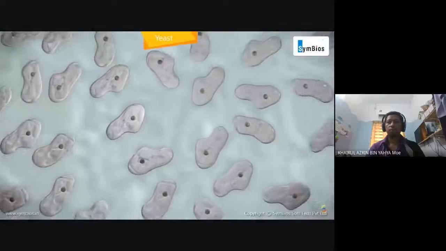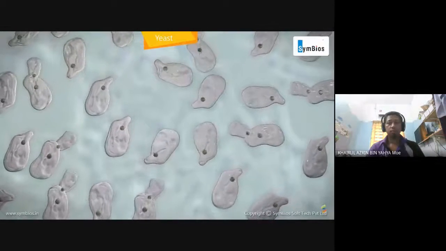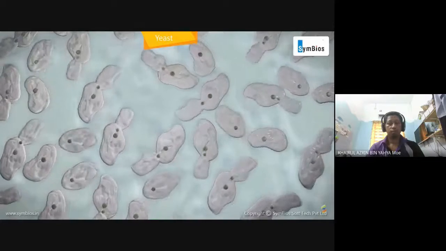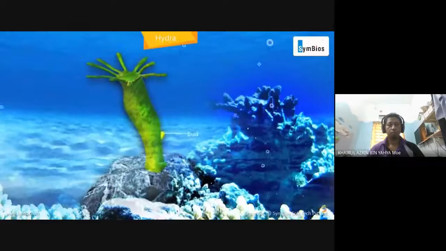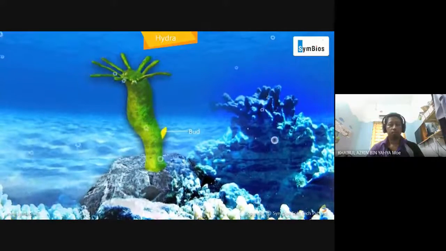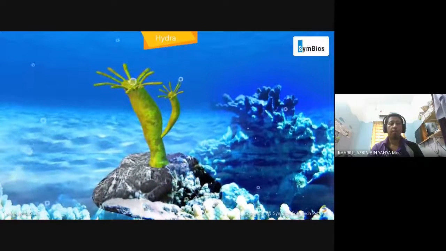In yeast, the buds form rapidly and create a chain of yeast cells if there is enough supply of nutrition. In Hydra, a bud appears on the body wall, which grows into a full Hydra in a day or two.